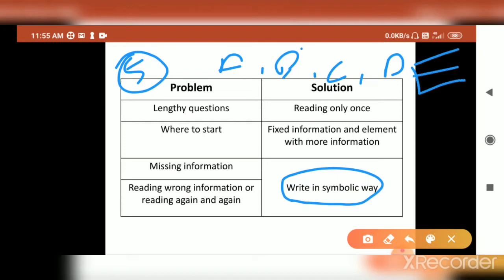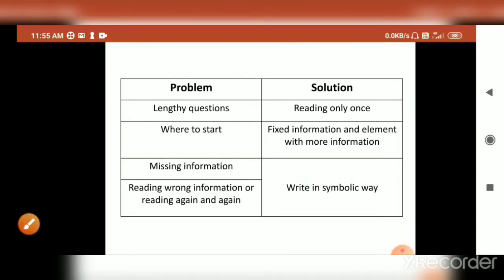Maybe more information about b is given, so you start with b. Based on b, you arrange all the remaining elements. How to do that, I will tell you while explaining the problems. These are the major problems you face in solving this type of question.